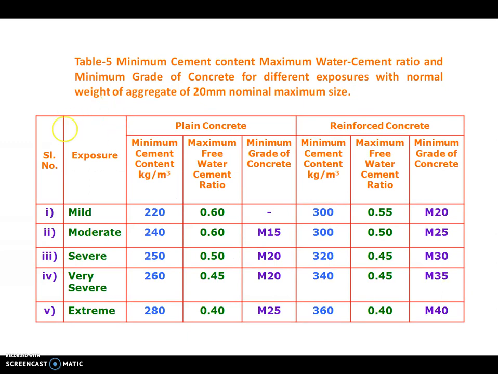Now this table shows the minimum cement content, maximum water cement ratio, and minimum grade of the concrete for different exposure with nominal size of aggregate of 20 mm.